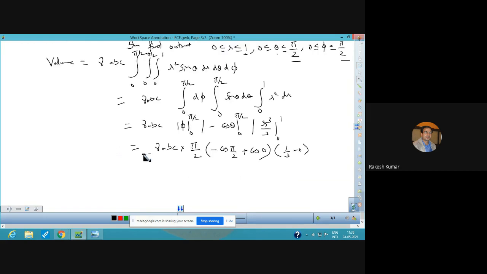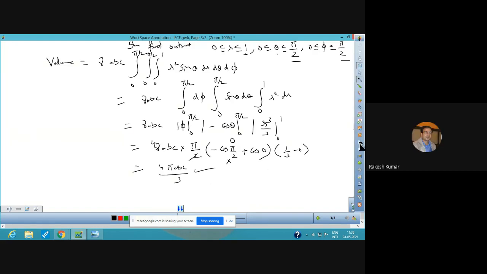Ultimately cos pi by 2 will give you 0, so this term will vanish, and cos 0 is 1. You can cancel here. So we get 4 pi abc upon 3. This will be the volume of the given ellipsoid. By this way you will be able to find the volume of the ellipsoid.